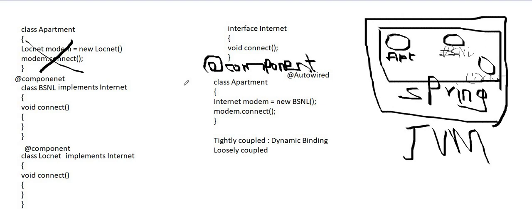So whenever the object is created, the Spring will create the object for the BSNL class, its own object will be created. Similarly for LocalNet also. You have to specify the name here, or else you can give your own name.